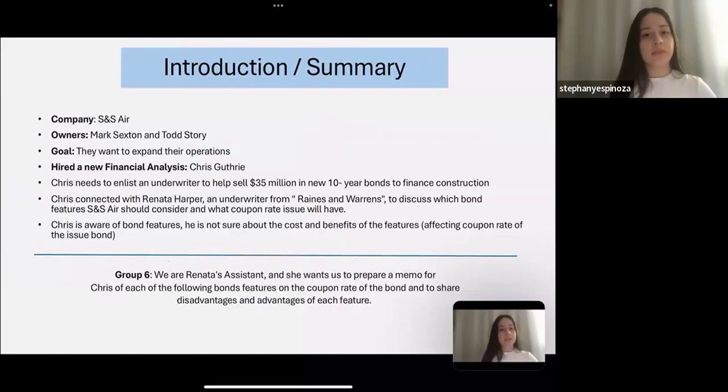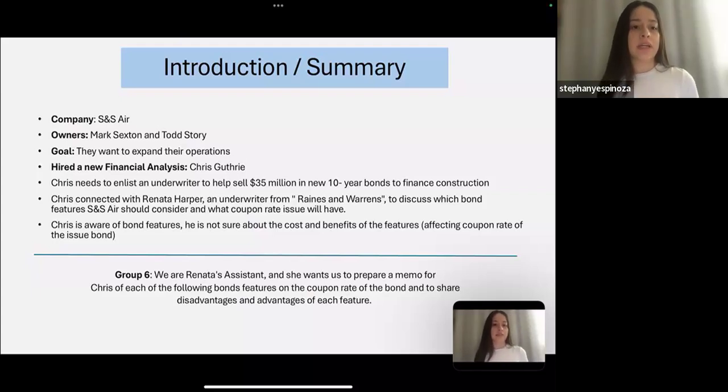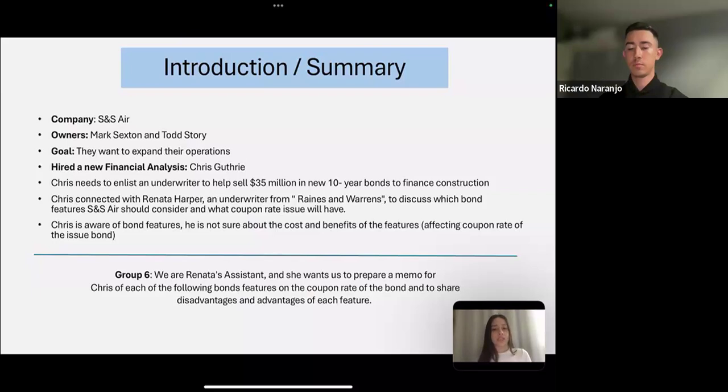I'll be sharing some information about our case and the company. The company regarding our case is SNS Air, and the owners are Mark and Todd. Their goal is that they want to expand their operations. They hired a financial analyst named Chris, who has a responsibility to underwrite and help sell 35 million in new 10-year bonds to finance construction.